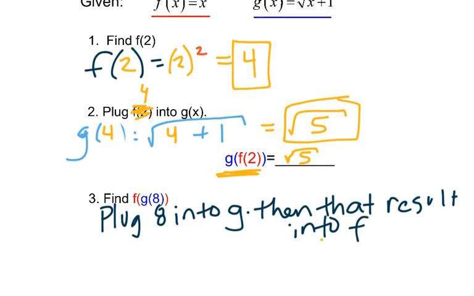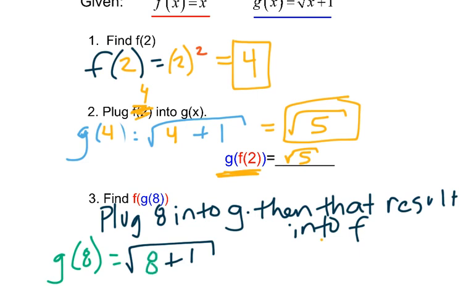So if we do that, g of 8 is going to have the g function of square root, and instead of an x, we'll have an 8. So it looks like the square root of 9, or 3. And so then we're going to take that 3, that result, and plug it into f.